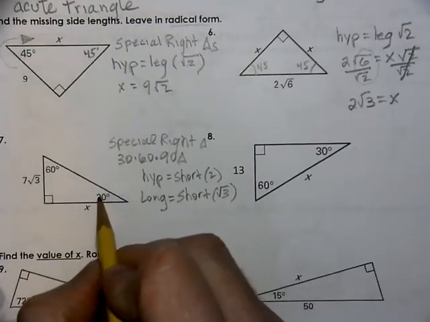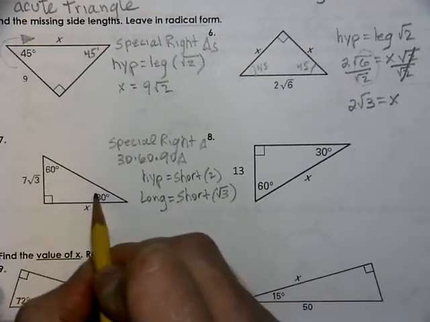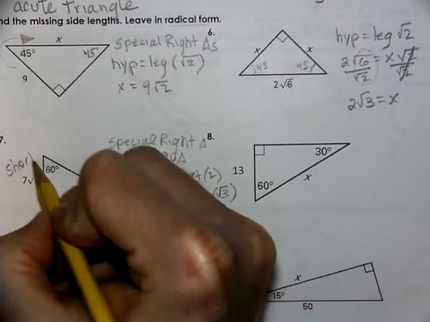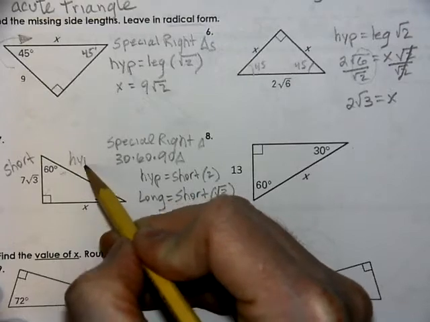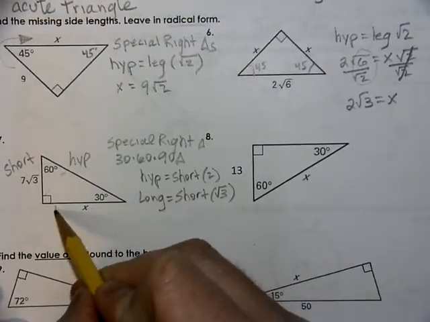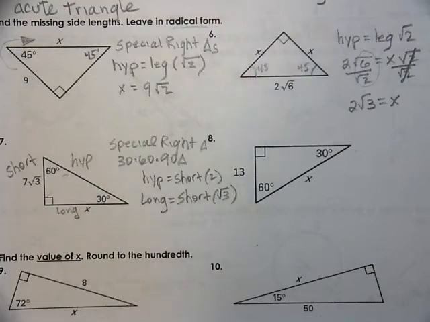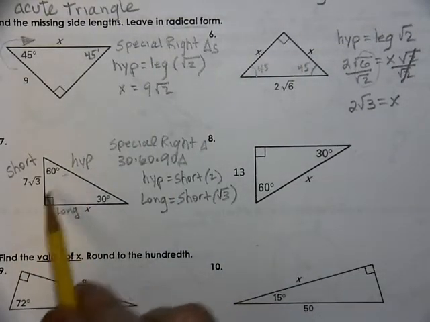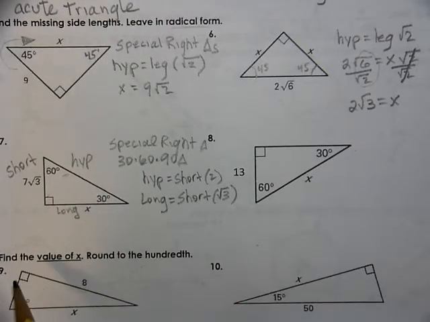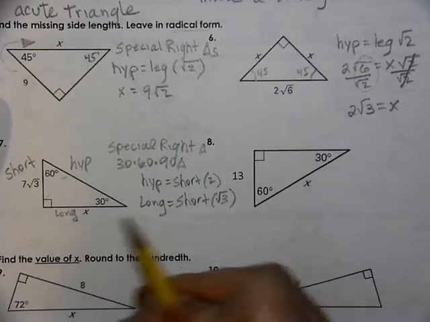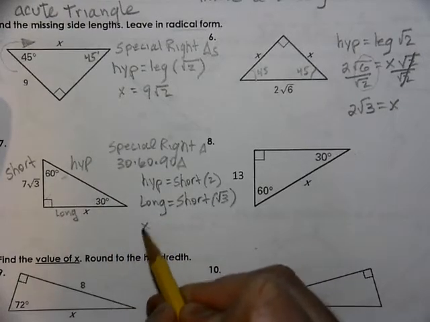So the short leg is always across from the smaller angle. So this is the short leg. The hypotenuse is always across from the 90. And the long leg is always across from the larger angle, 60. The largest angle across from it is, of course, the hypotenuse, but across from the 60 is the long leg. So we're looking for the long leg, so we're going to use this second formula. The long leg is our x.